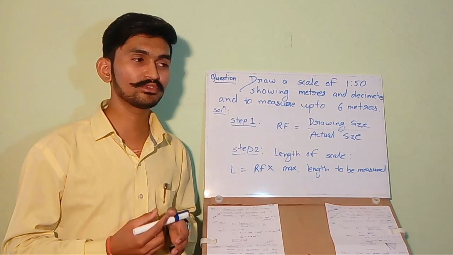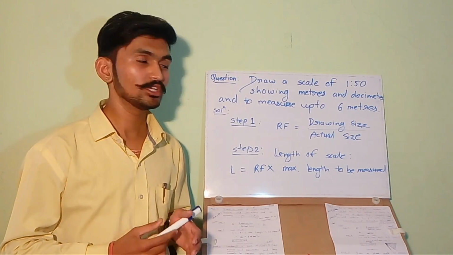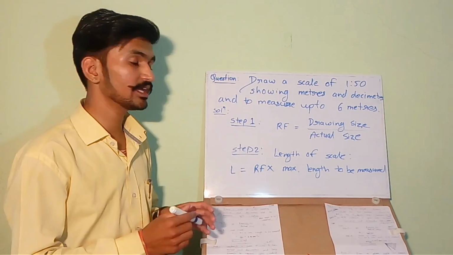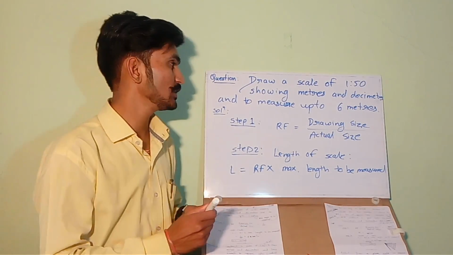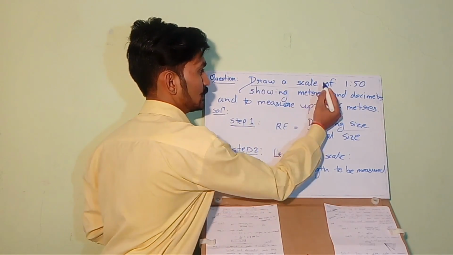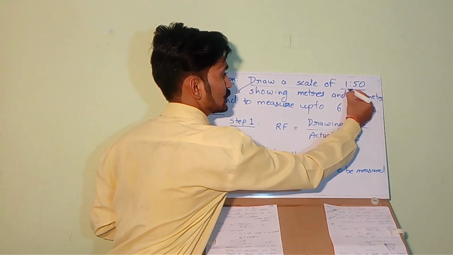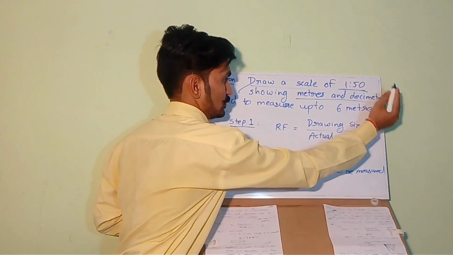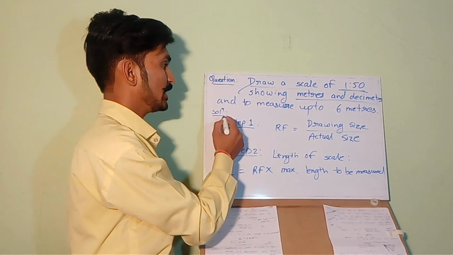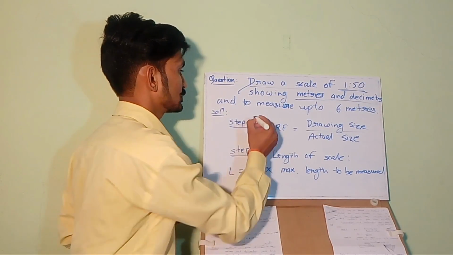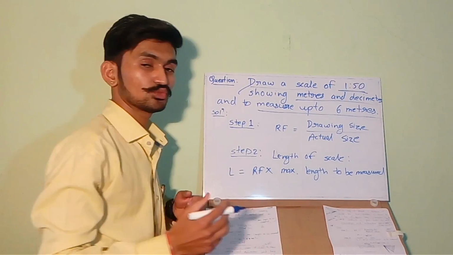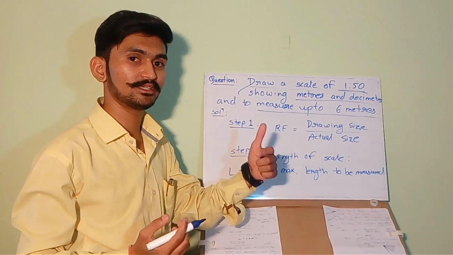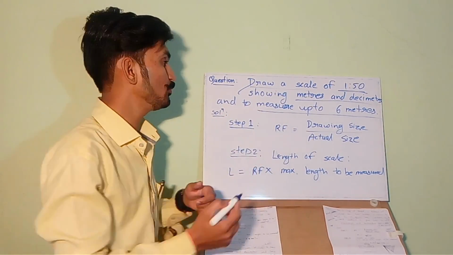So my way of getting the required input from the question is I break the question into smaller parts, like: draw a scale, one part; of 1:50, showing meters and decimeters, another part; and to measure up to 6 meters. These are the areas of our interest to get the required input.